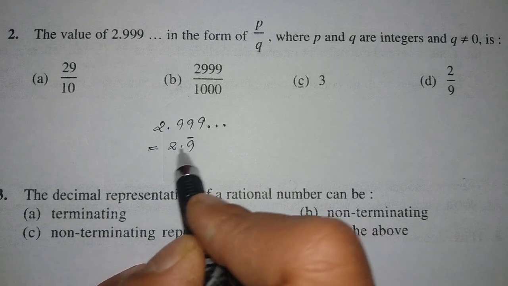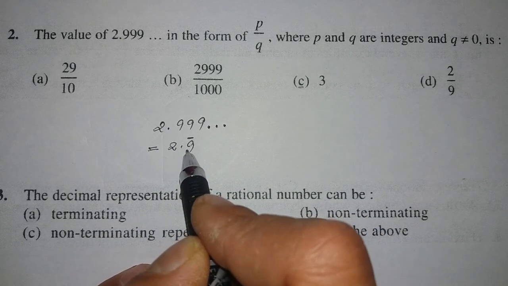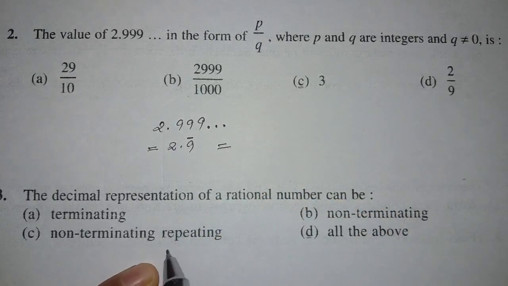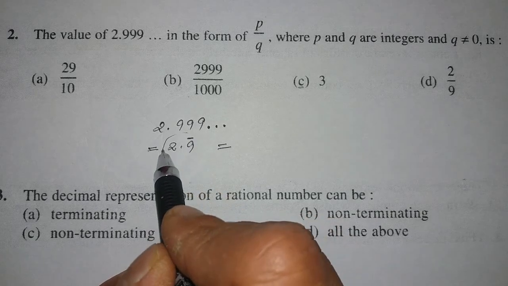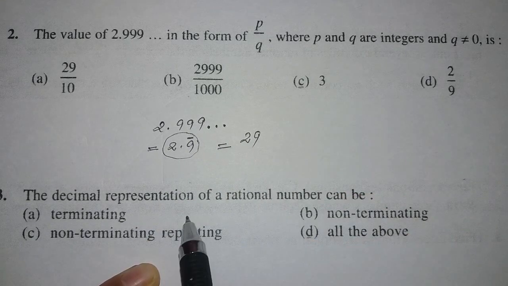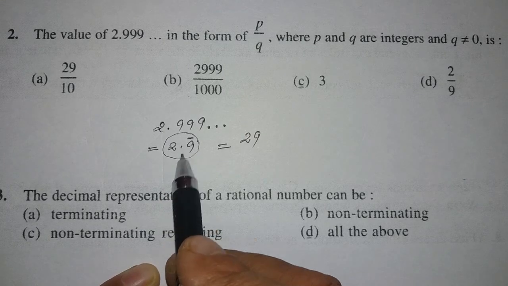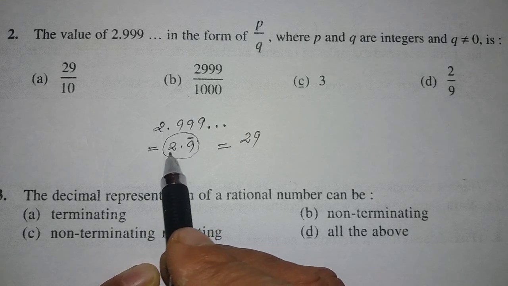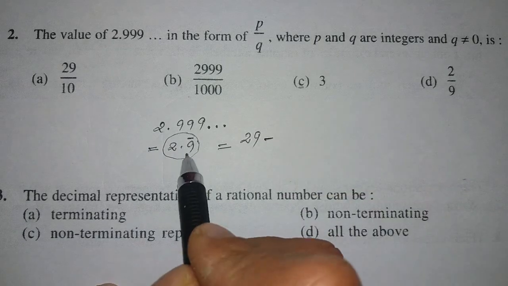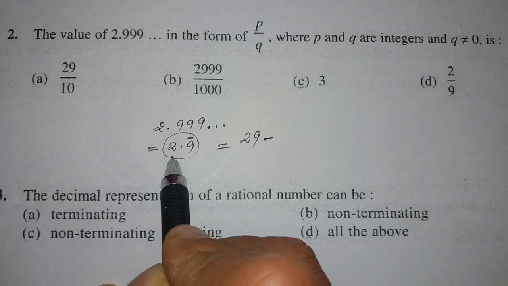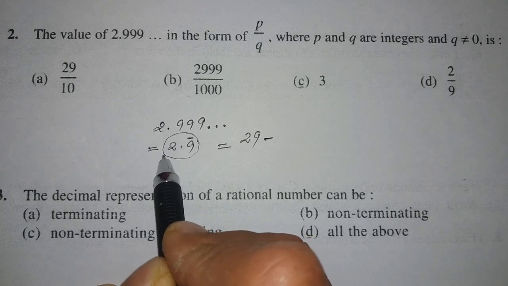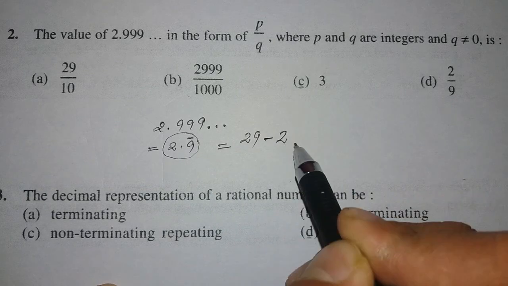Now in order to represent this in the form p by q, I'm going to use a shortcut. Whatever number you have here, you write it here. Forget about the point and the bar, so take the number, this is 29, minus the digit which is not under the bar. Under the bar is 9, 2 is not under the bar, so here 2.